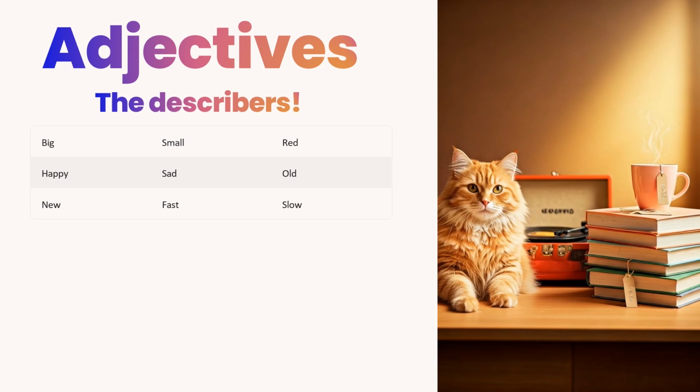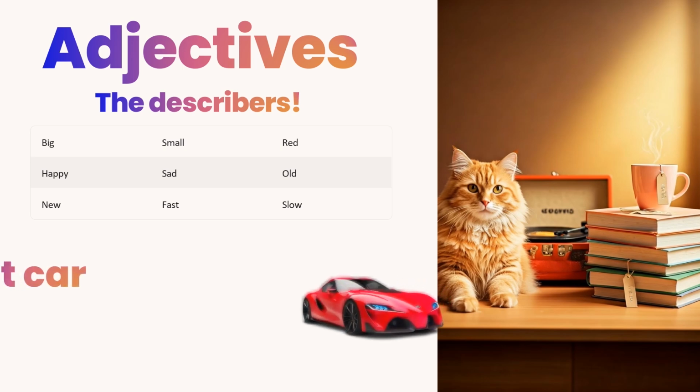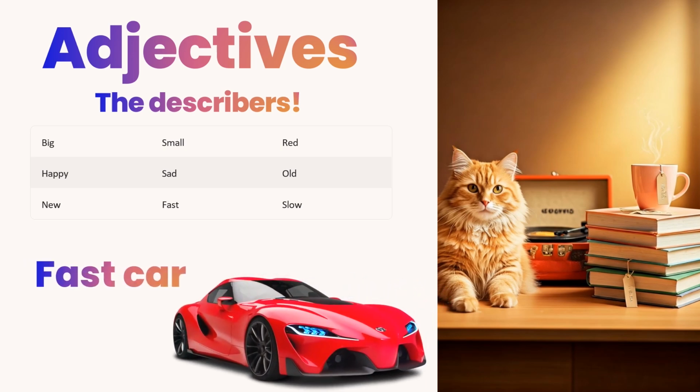Adjectives are like the artists of the group. They love to add color and detail, making everything more interesting. For example, fast car. Adjectives are the ones who make sure you know that the car isn't just a car, it's a fast car. Big, small, red, happy, sad, old, new, fast, slow, they are all adjectives.